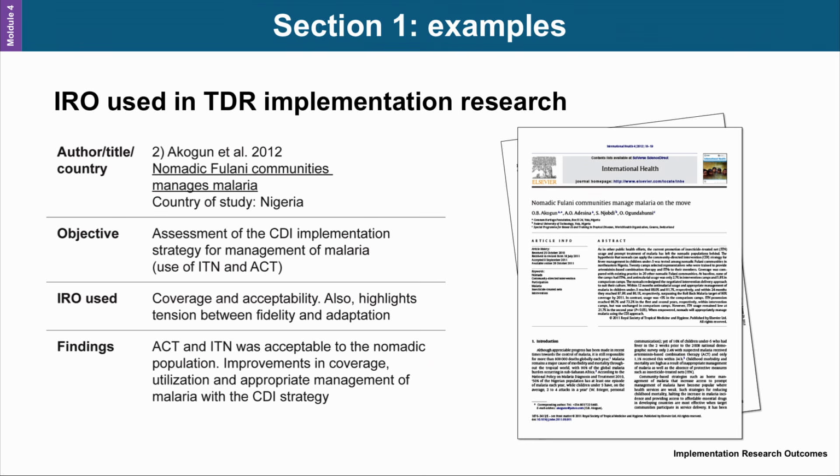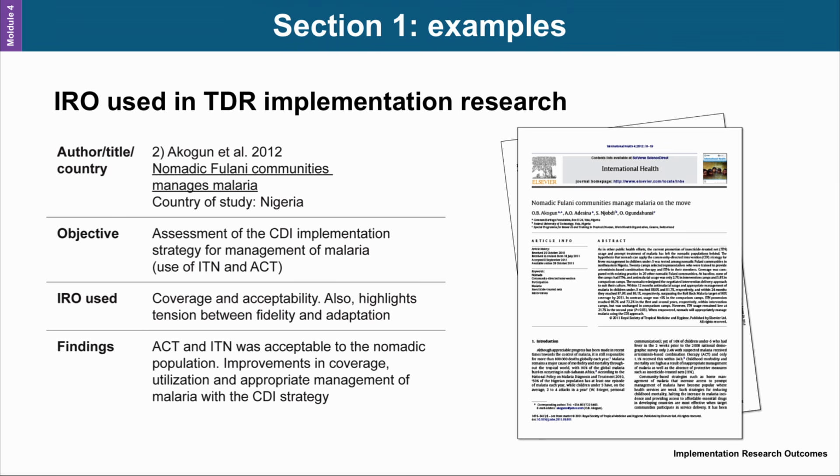And they measured the test of this community-directed intervention or strategy by looking at coverage and also acceptability. Coverage, they looked at to see whether people who were under the community-directed strategy had better access or better coverage of the malaria control program.